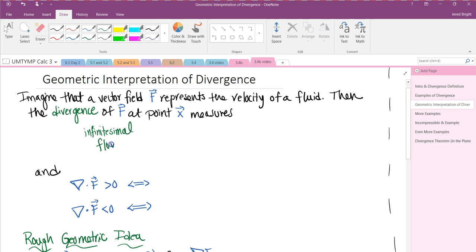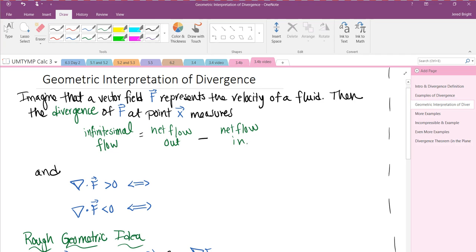Okay, and how we think of this is really as the net flow out, and then minus net flow in.